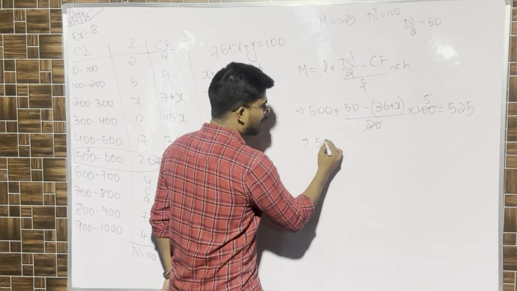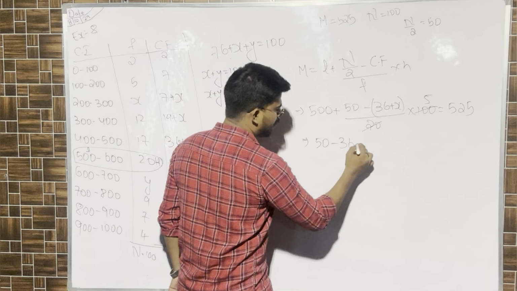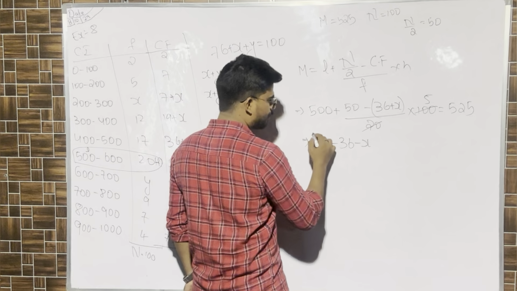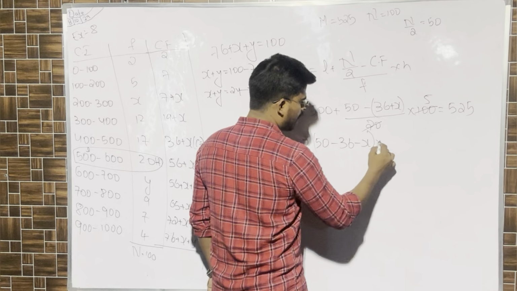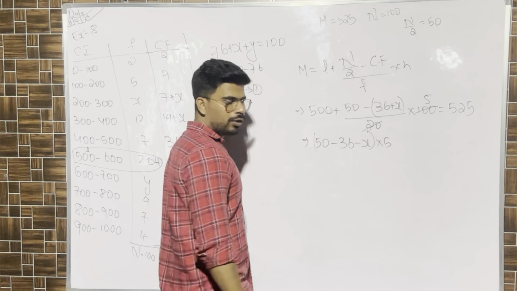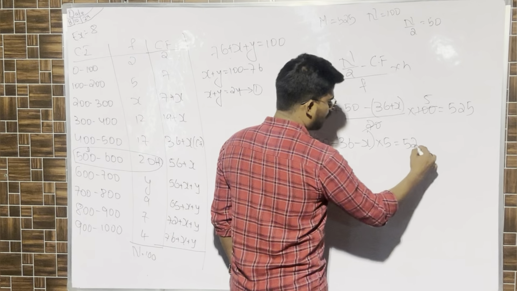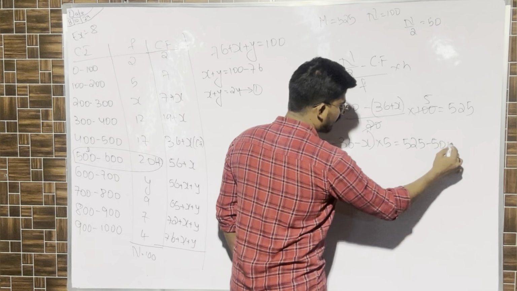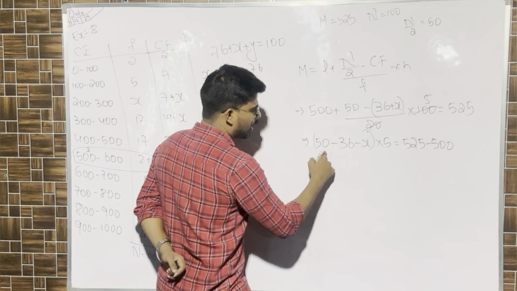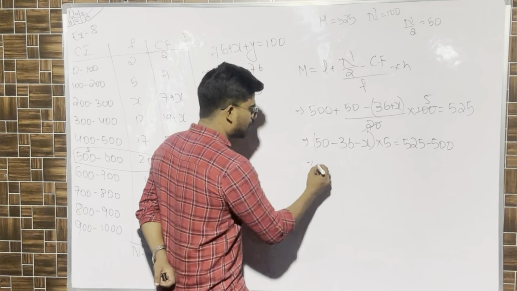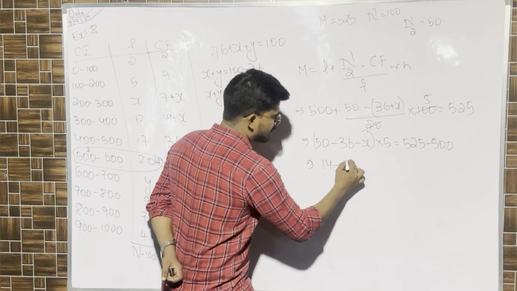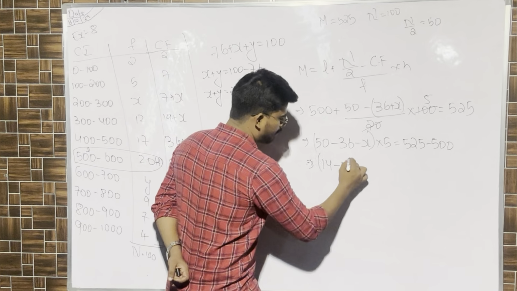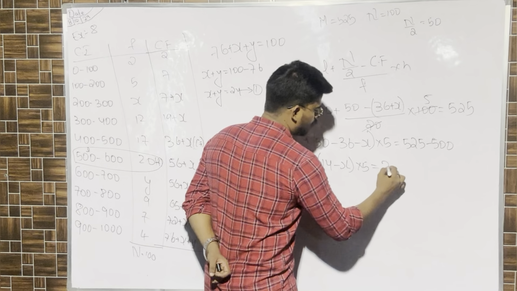So here we have 50 minus, if I multiply it inside, it will become minus 36 minus X, into 5, is equal to 525 minus 500. 14 minus X into 5 is equal to 25.